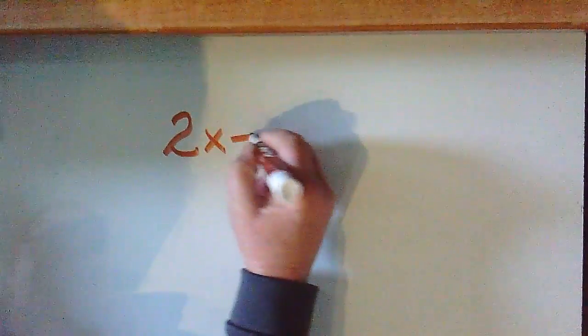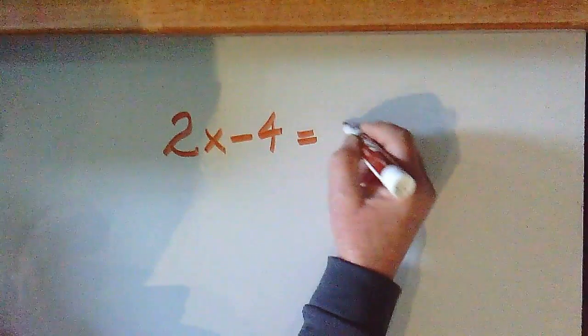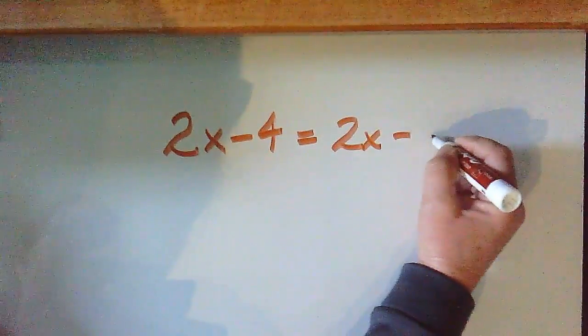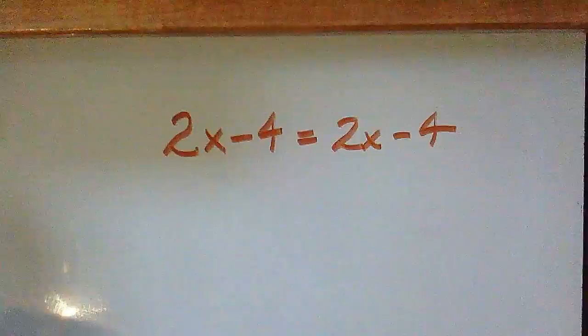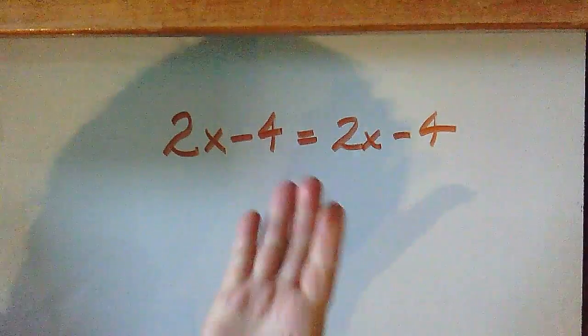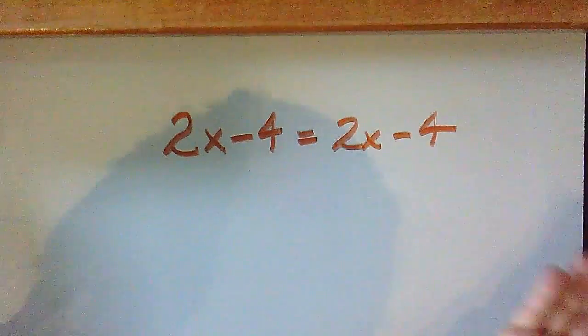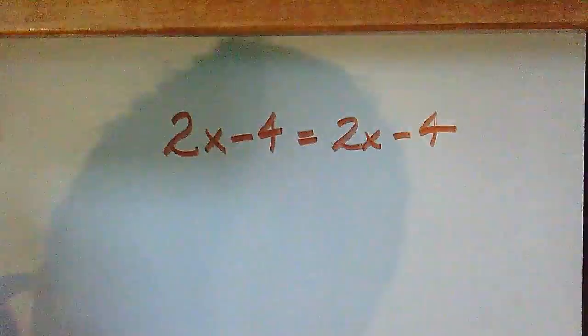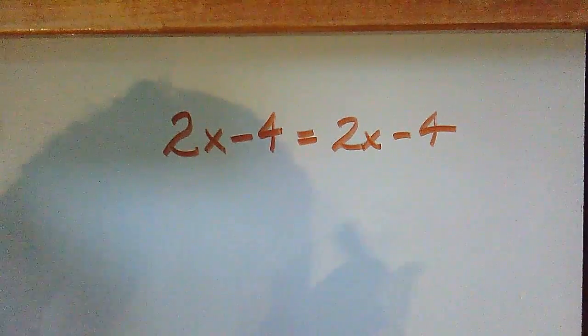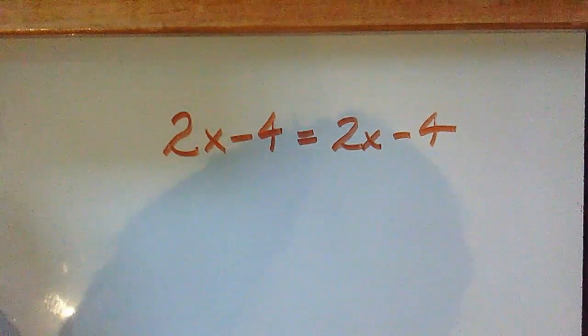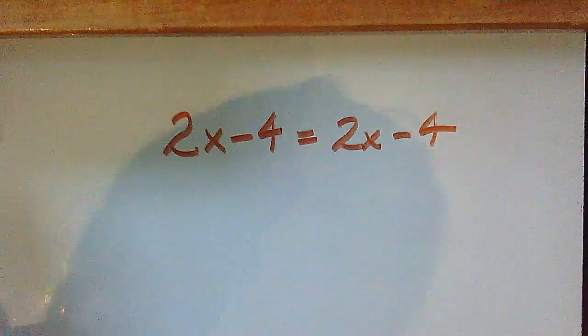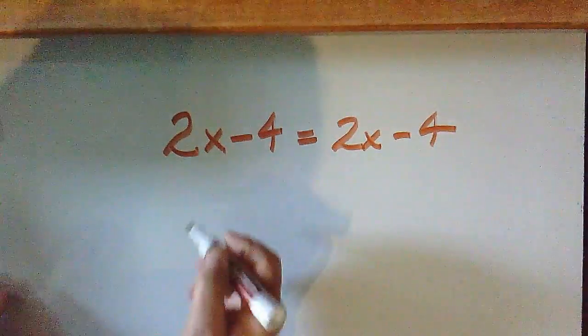Let's take the equation that we had at the very beginning of this video. 2x minus 4 equals 2x minus 4. It doesn't matter what I substitute in for x. I'm always going to get a statement that is true. Let's try it. Let's plug in negative 2.